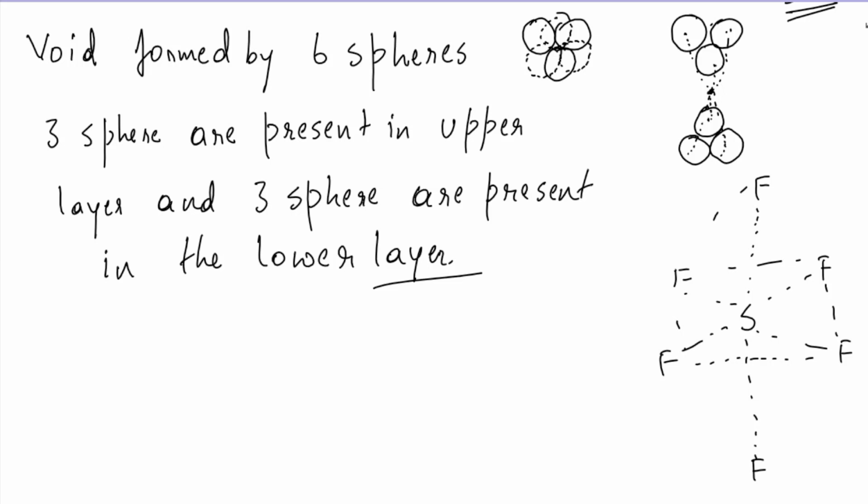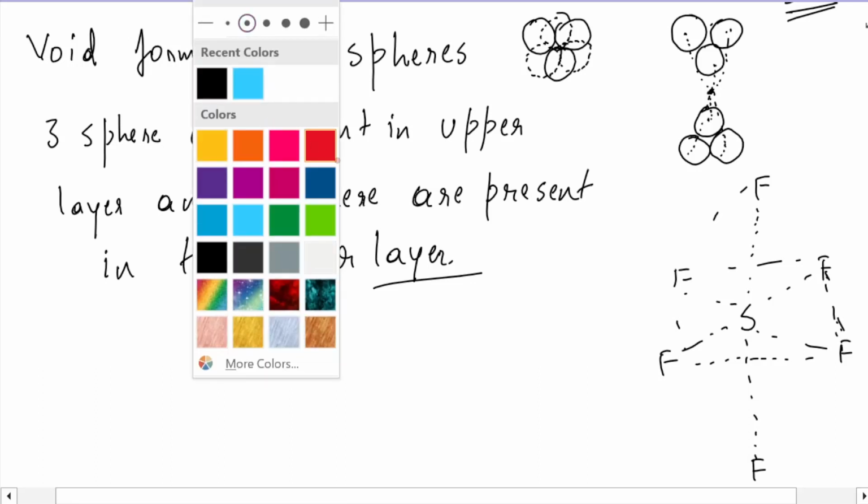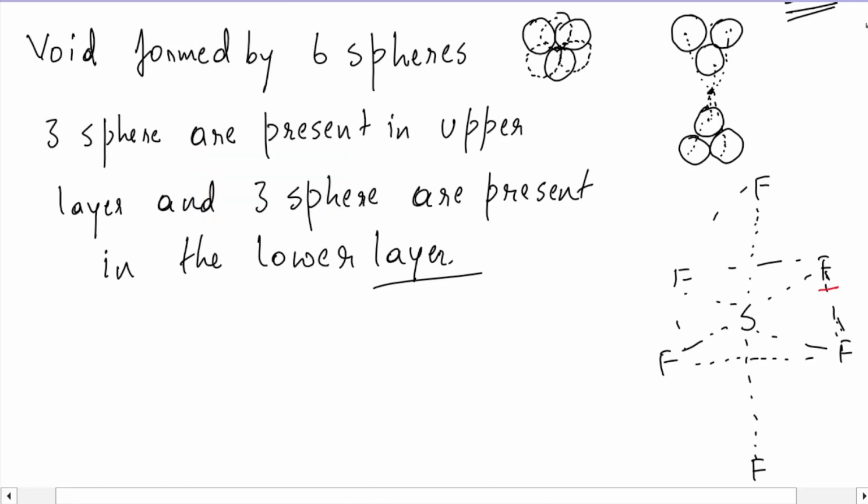Now see, if I consider these three atoms, and these three atoms, they are in the same plane, and they are placed one above another in an opposite manner, such that the void created here is the octahedral void.